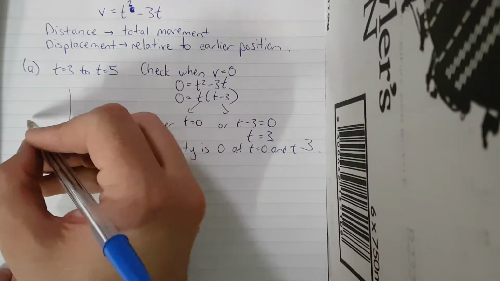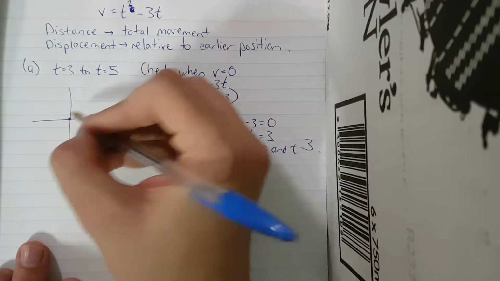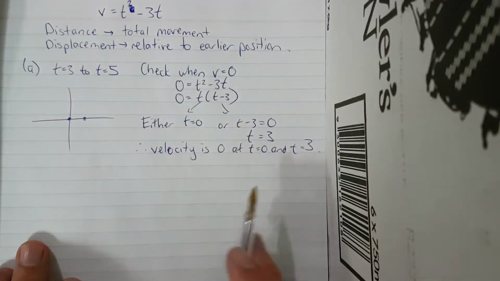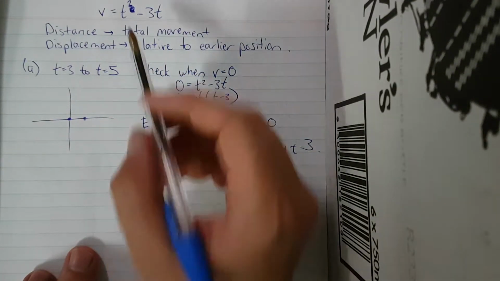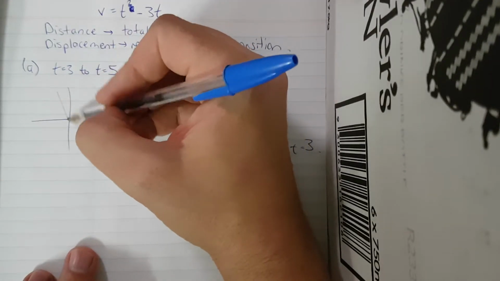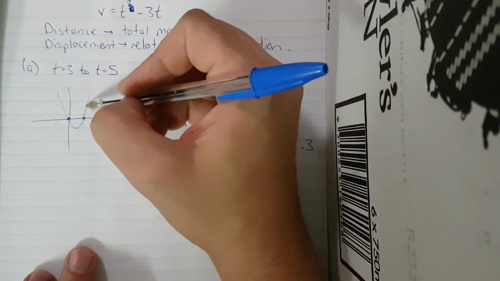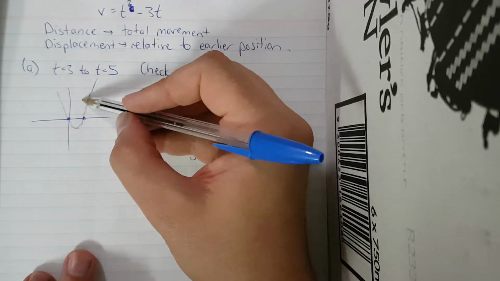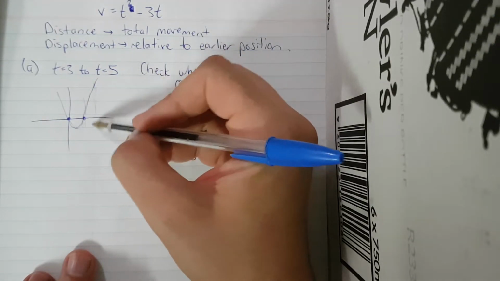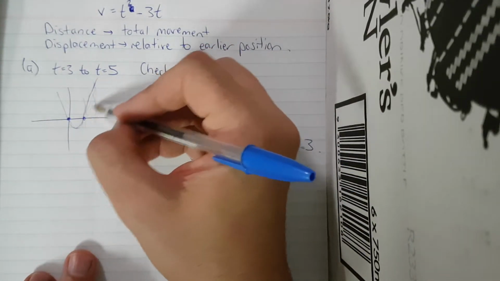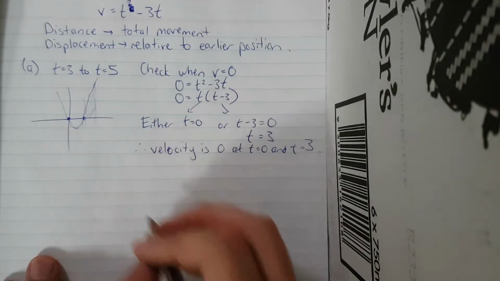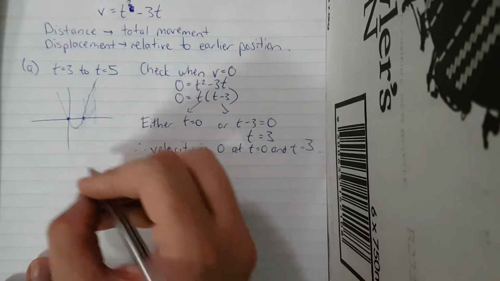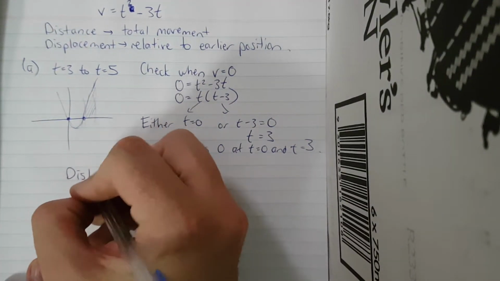So, if you graph t squared take 3t, think about the intercepts are at 0 and 3, and it's a positive t squared. You're looking at something that looks like this. Between the ranges of 3 and 5, it's all positive, so we're not going to get anything weird in there.